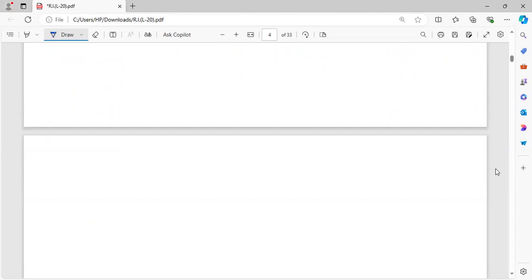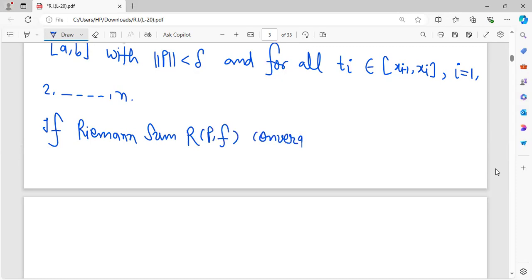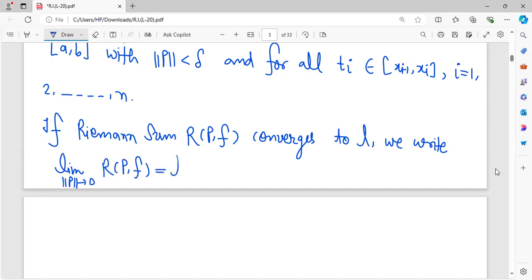So note one thing. If the Riemann sum R(P, f) converges to L, we write limit as norm of P tends to 0 of R(P, f) is equal to L. So this is the notation.